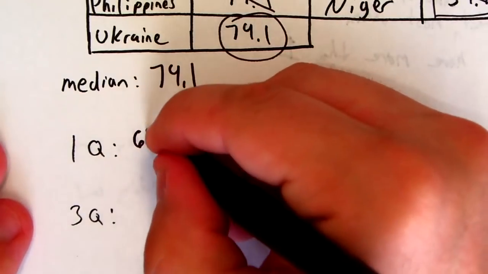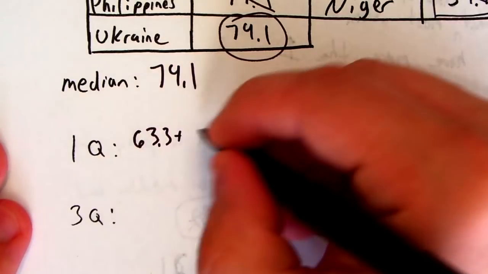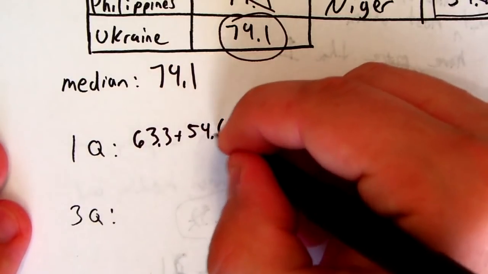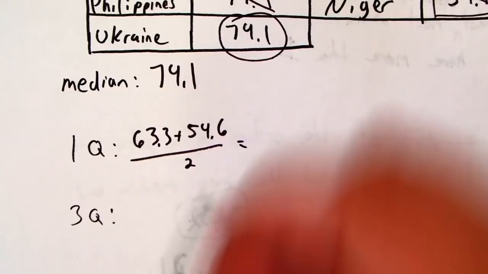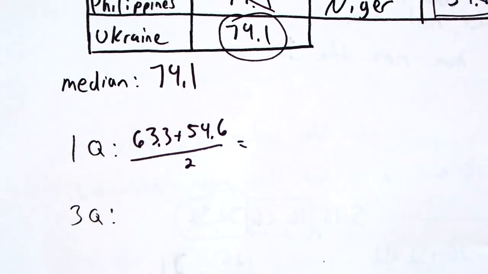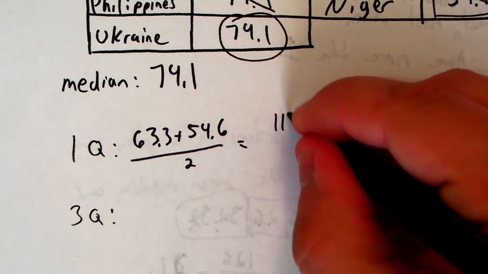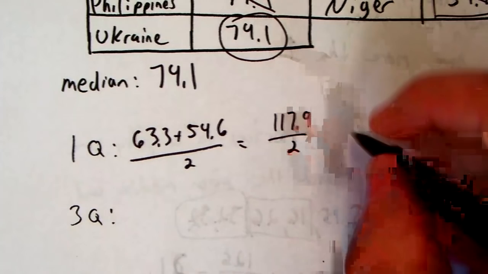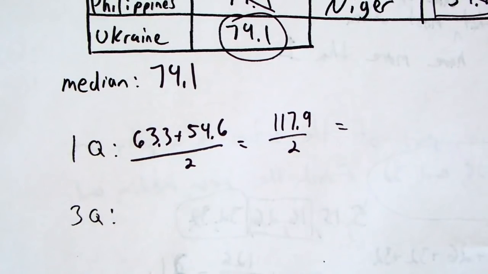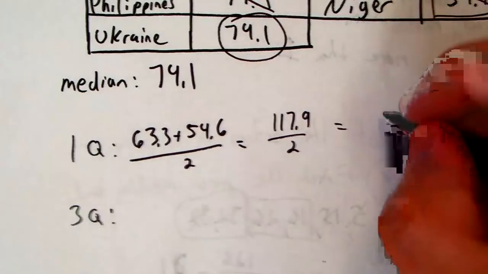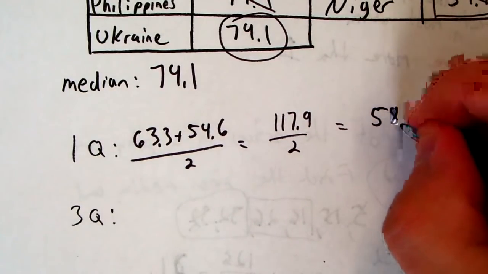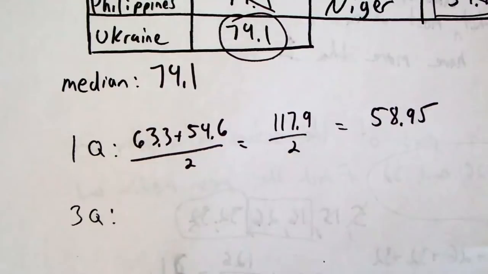So we would go 63.3 plus 54.6, and divide that by 2. 63.3 plus 54.6 is 117.9. So ultimately our first quartile is 58.95. Or if we were to round that to the nearest tenth, it'd be 59 exactly.